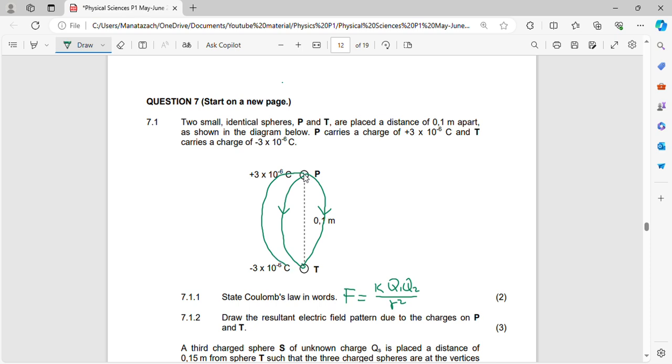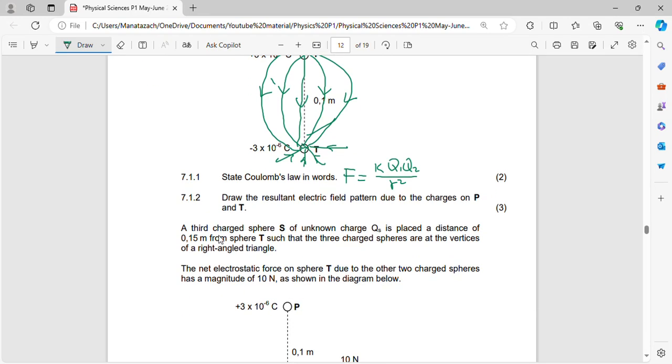So it's going to be doing something like this. And then here you can draw a straight line as well. So from the positive charge, it points outwards, and then from the negative charge, it goes inwards like that, the arrows. So that's how it's going to be looking like.